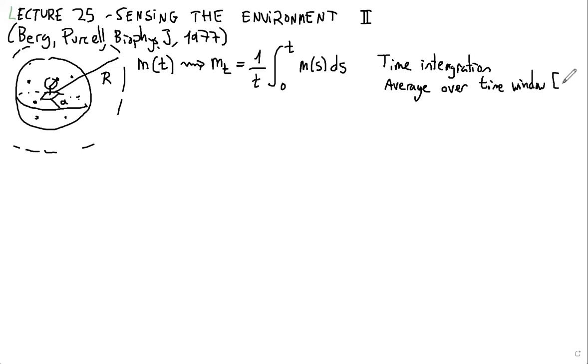0 to t. Okay, and as I said, because molecules are diffusing in and out, this one is escaping, this one is entering. This brings the fact that fluctuations make m of t a fluctuating quantity.